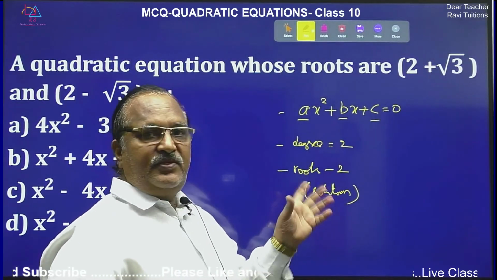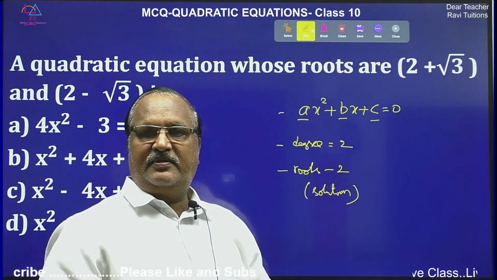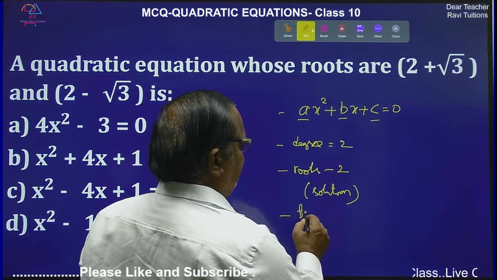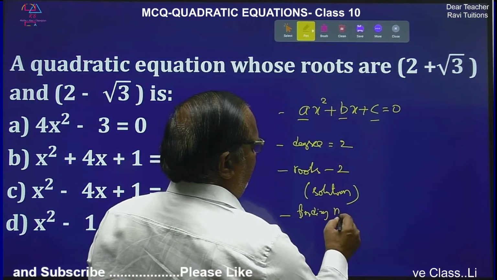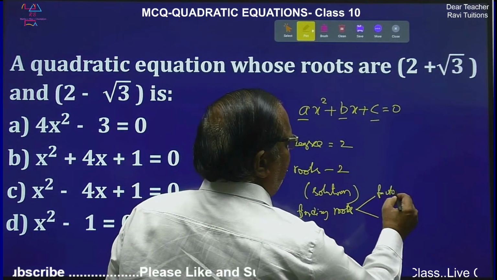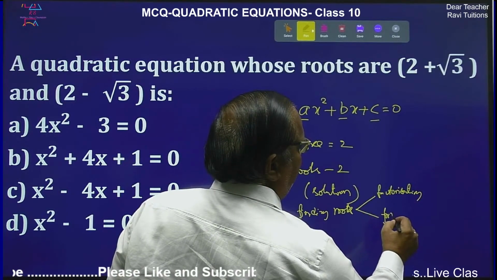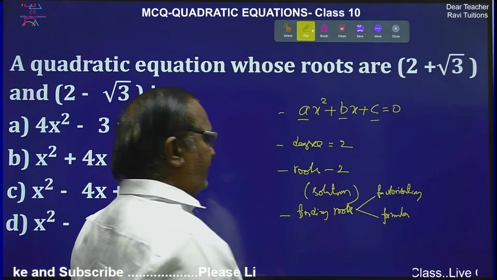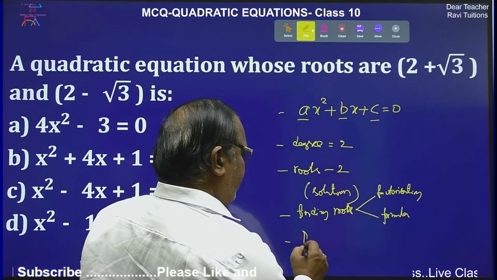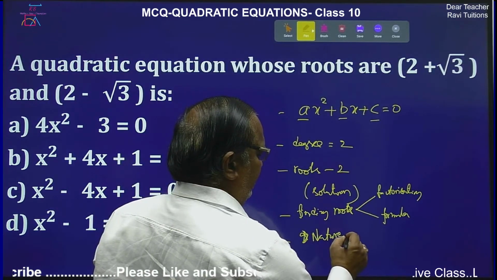Then finding the roots: there are 2 methods, one is the factorization method and one is the formula method. Then the discriminant and the nature of the roots.